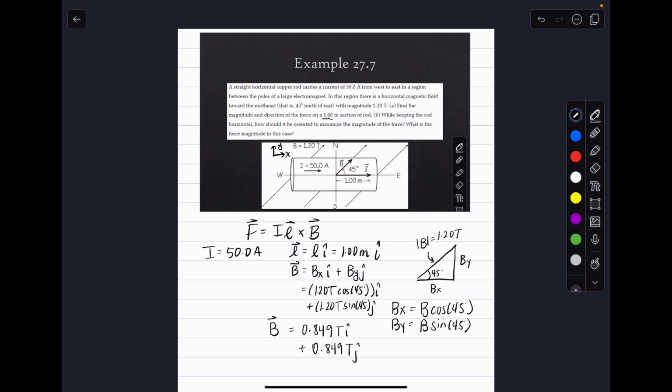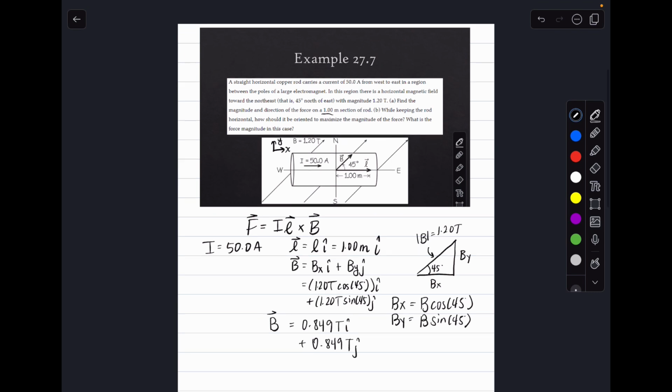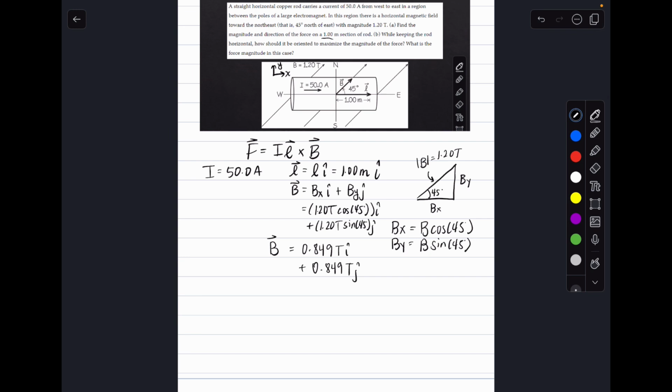All right, so now that we have everything written in vector form, we can go ahead and compute F. So F is IL cross B. I is a scalar, 50 amps.